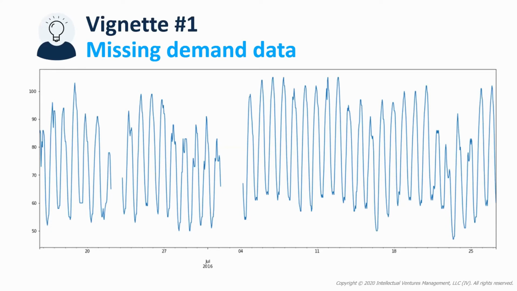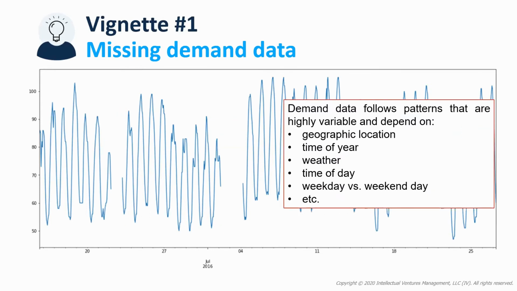In this case, here you can see a time series of demand data, meaning the energy that is being used at a given location, and you can see that it follows a pattern over time. However, there are some missing sections of this demand data. Those are here. Demand data follows a pattern, and it's highly variable depending on the geographic location, the time of year, the weather pattern, time of day, and also weekday versus weekend day.